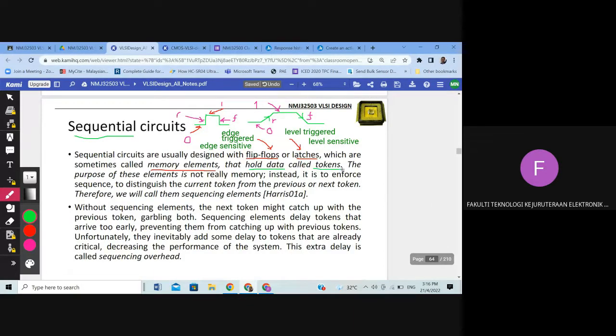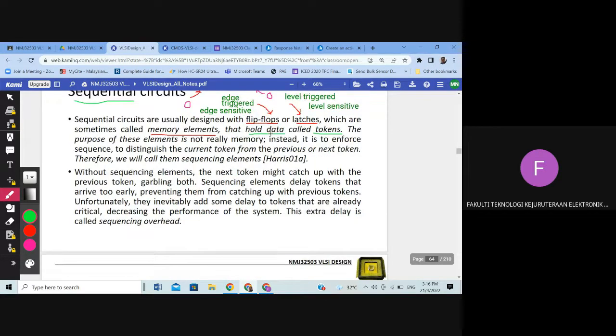This is important when we go into detail of the lecture. We will always use the word token. Tokens and memory elements, these two will be used after this. So token refers to data, and memory element refers to flip-flops and latches.